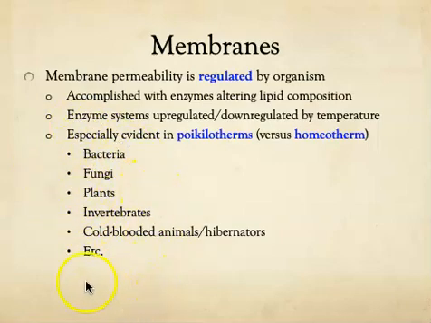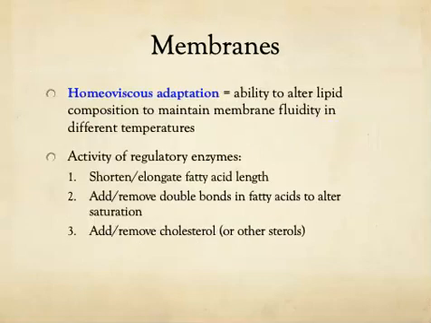Their cellular or body temperature is going to be dependent upon what's happening around them in the environment. Now, if you're an organism whose body temperature changes depending on the environmental temperature, you're in a bit of a bind when it comes to the function of your membranes.